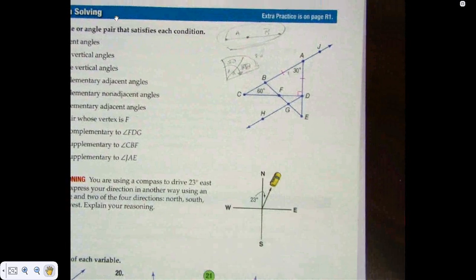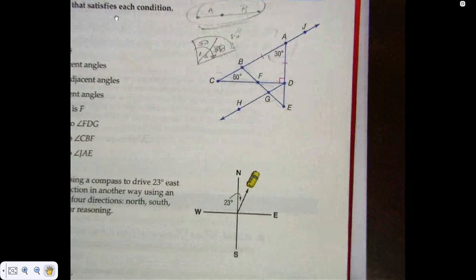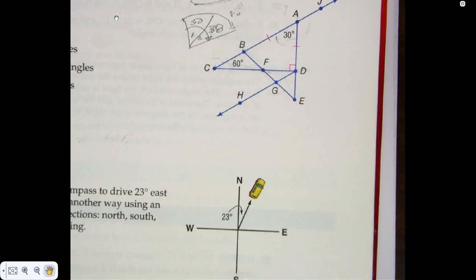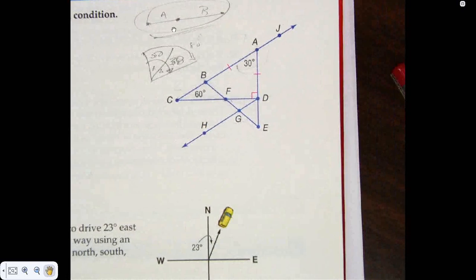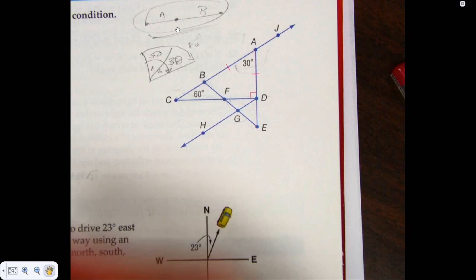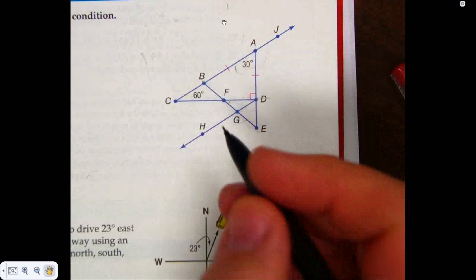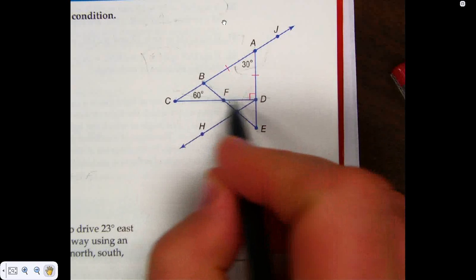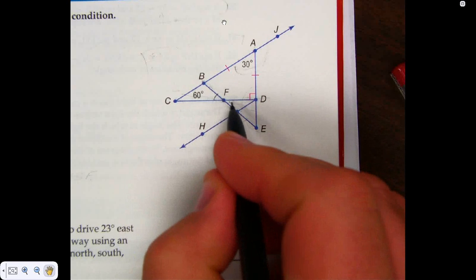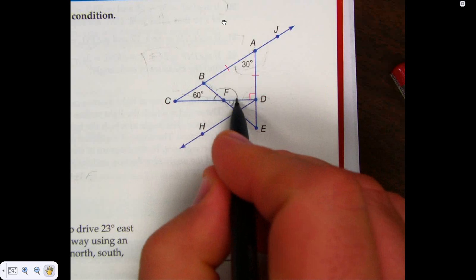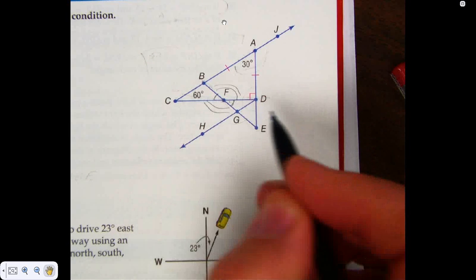Back to the complicated picture. Do you see any vertical angles inside of this picture? There are some, aren't there? Look at this vertex F. Are these two lines intersecting? So I know that that is congruent to what? That and that is congruent to that.